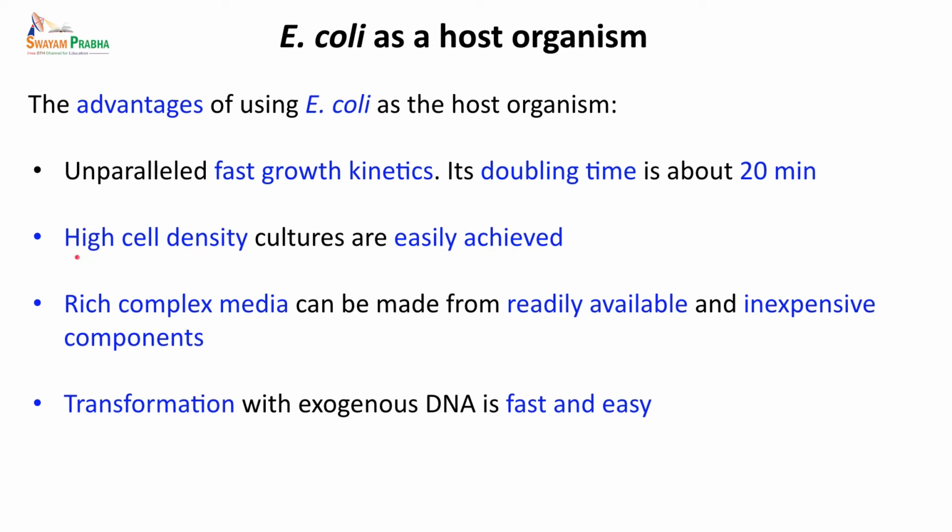Secondly, if you really have to scale up, then you want to grow the culture at very high cell density, because the more cells, the more protein. So in E. coli, it is relatively very easy to achieve this high cell density culture.